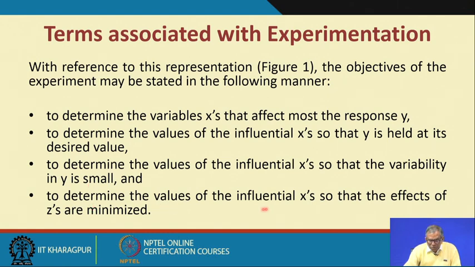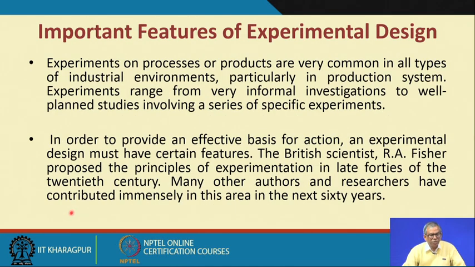Then, to determine the values of the influential x's so that the effects of z's are minimized. That is the condition for robustness. What are these z's? Basically the uncontrollable noise factors. So make sure that the effect of z on the response variable is minimum, and only then you create a condition called robustness.